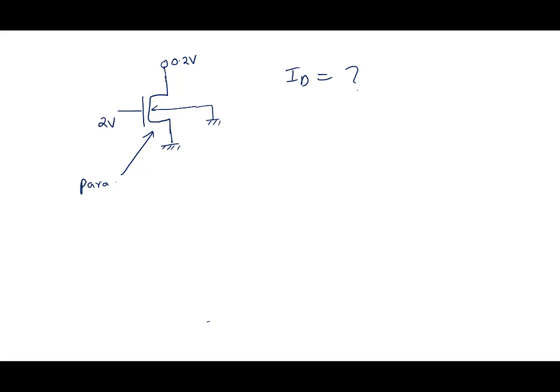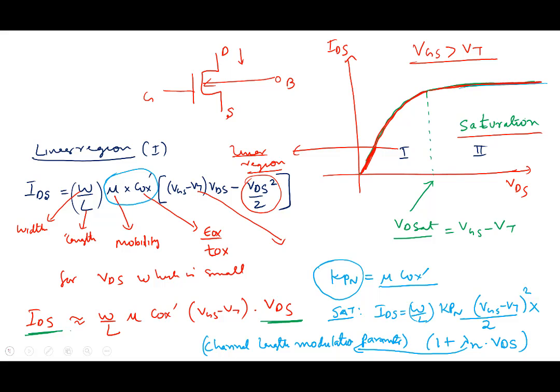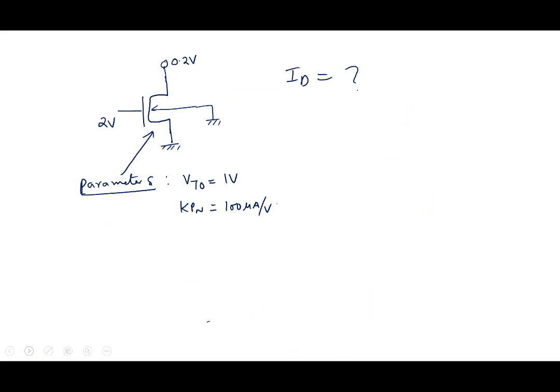Now to do that calculation, first of all I have to know the parameters of this particular MOSFET, and two parameters I'm giving you: VT0 equal to 1 volt, Kpn equal to say 100 microamperes per volt square. You also need to know the size of the MOSFET.